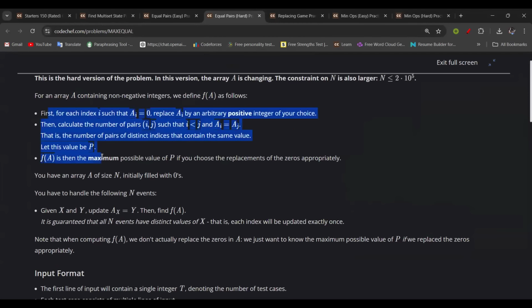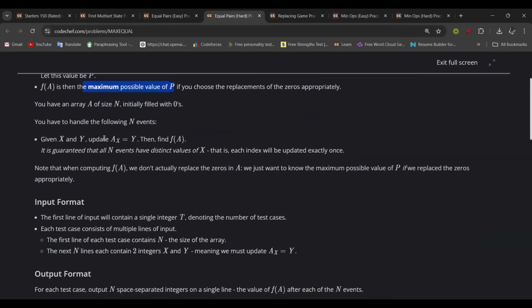For an array A, FA is defined as the maximum possible P you can get by replacing all the zeros by some values. Now, you have an array of size n, initially filled with all zeros, and one by one the entries for the array are coming in the form of n events.